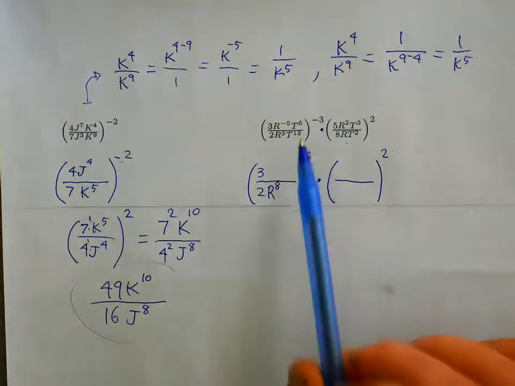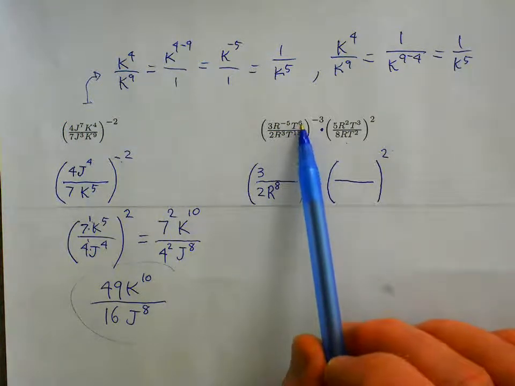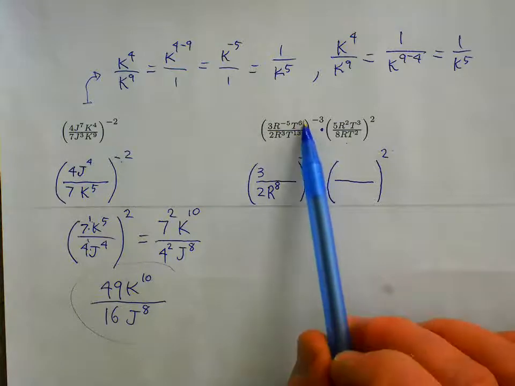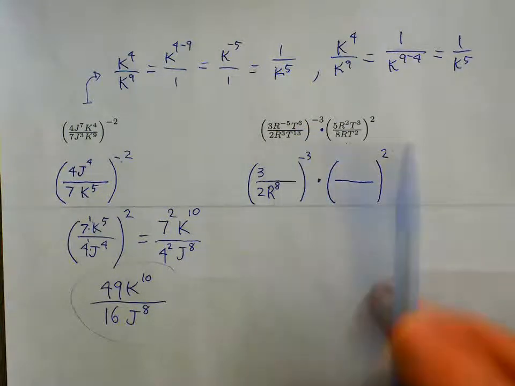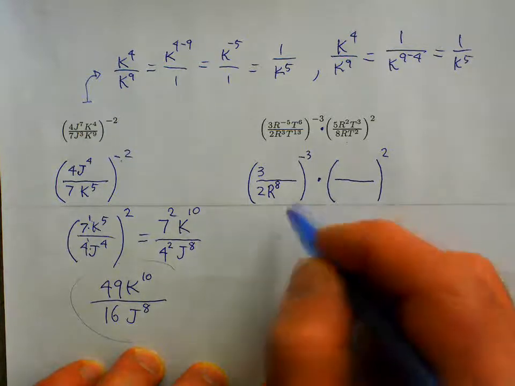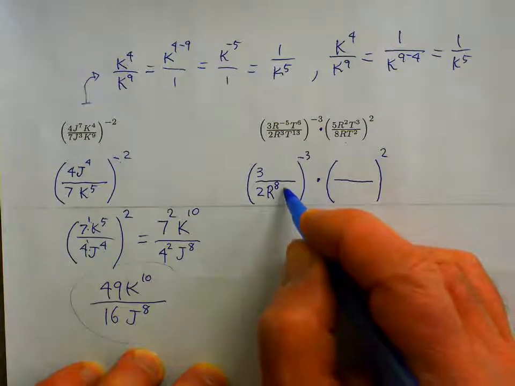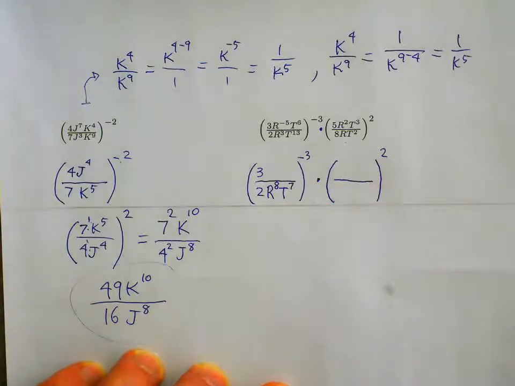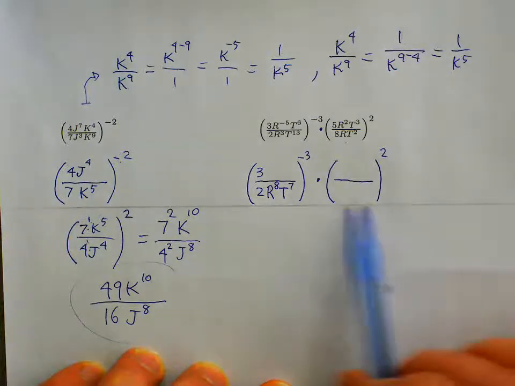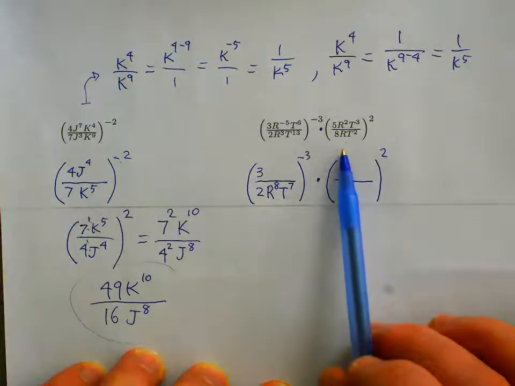Then when we focus on the variable t, we have t to the 6th divided by t to the 13th. So this becomes t to the 7th in the denominator. Okay, now let's work on the other set of parentheses.